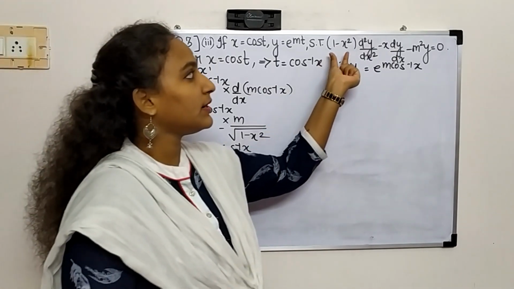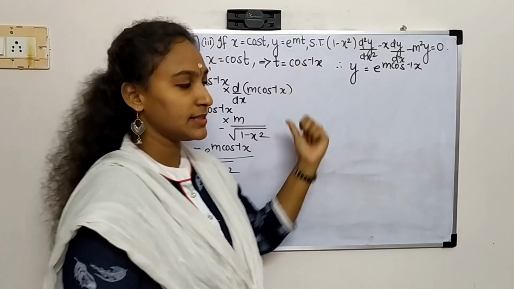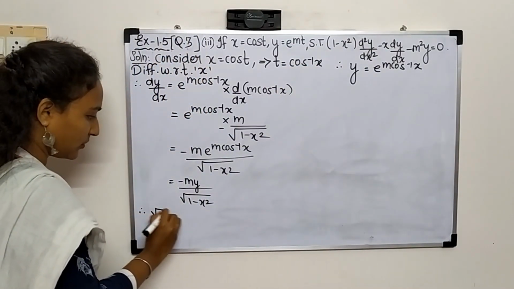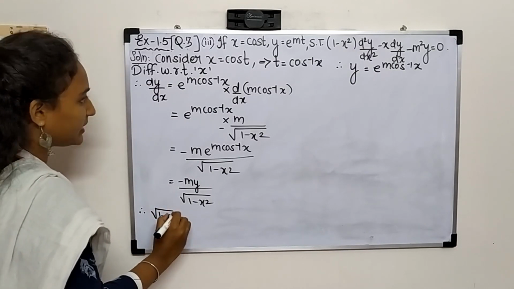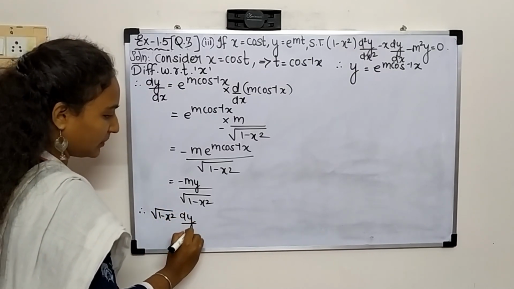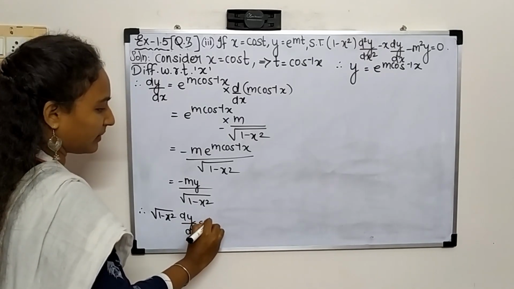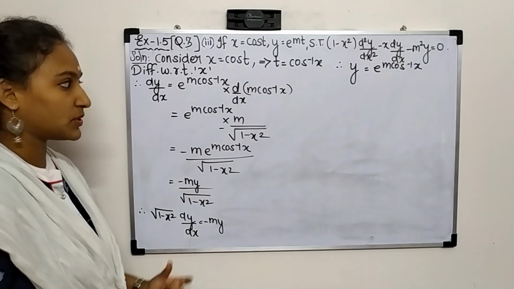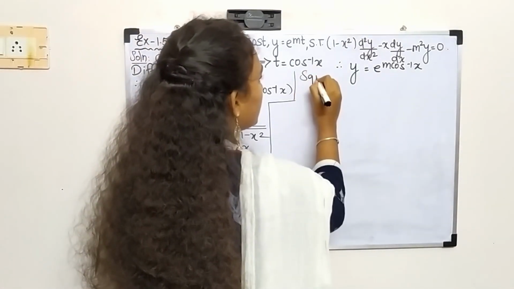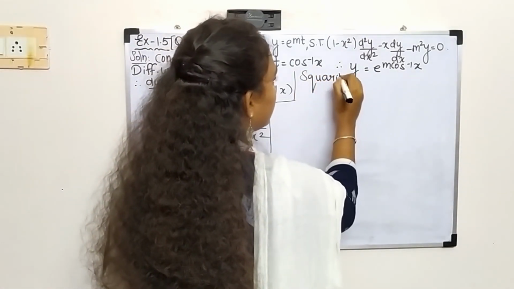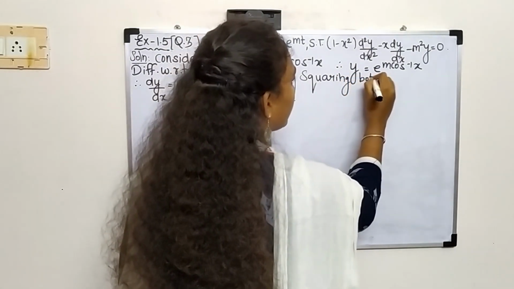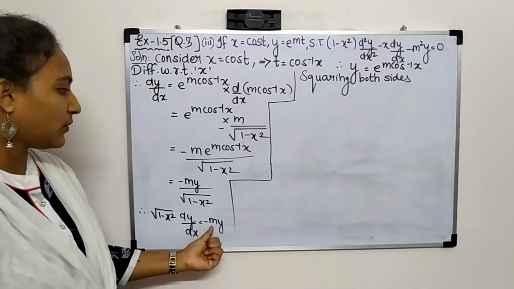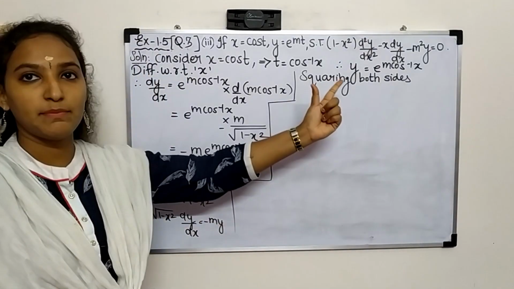Since we require 1 minus x square on the LHS, I am taking this to the LHS. Therefore, root 1 minus x square dy by dx is equal to minus my. Now we are going to square both sides, because we require an m square over there.